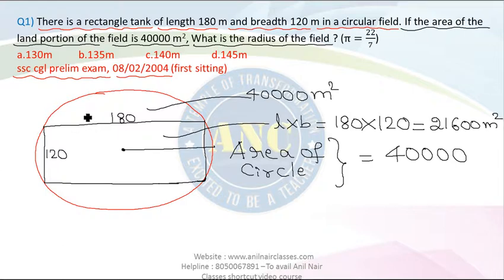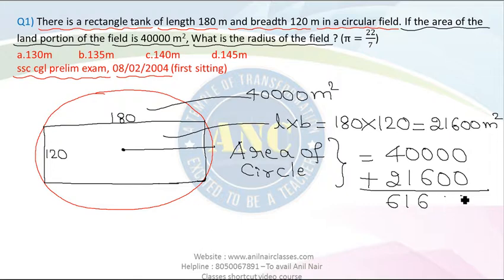That means this entire blank space, other than the rectangular area, is totally 40,000. And if I include that rectangular area also, 40,000 plus 21,600, it is 61,600.